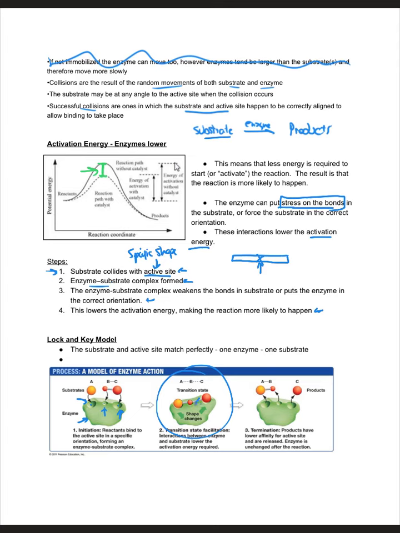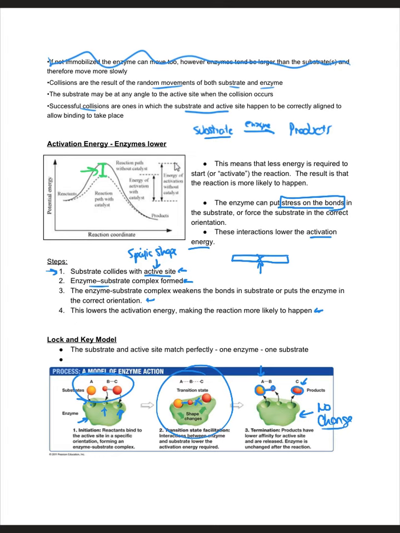So in this case, this bond's broken and this bond's formed, and everybody goes off, changed, right? So now we have some product called A and B. But notice here, the enzyme, there's no change, right? So the enzyme could go on, find another A and find another BC over here. It can do the whole reaction again.